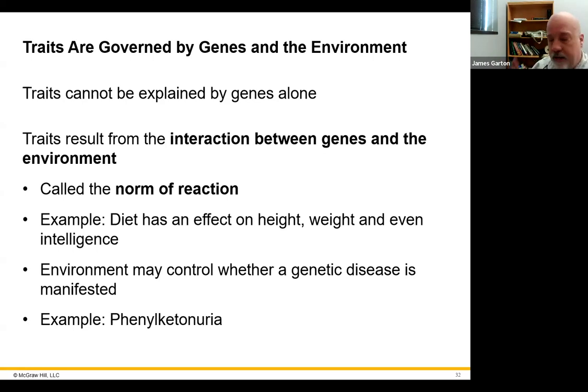And the environment might have a major role to play in certain traits. An example: there's a human disease, probably got examples of non-humans with this too. It's called phenylketonuria. And I know that in the United States, every newborn is screened for phenylketonuria.